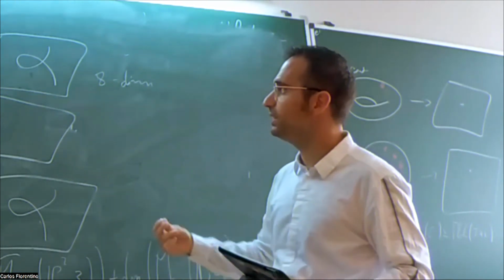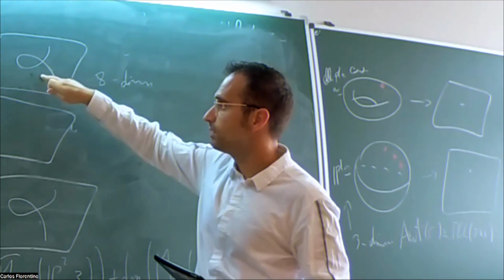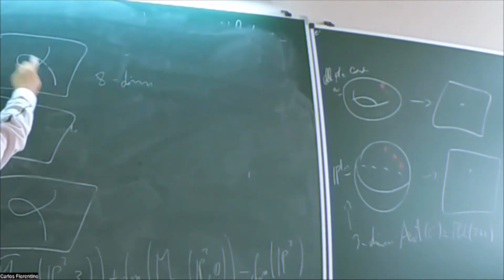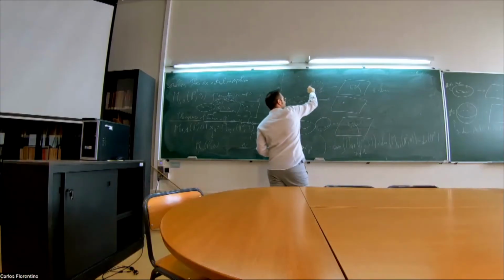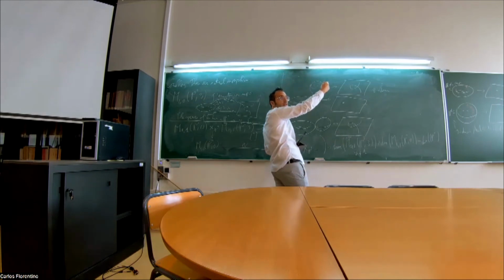So what does it mean? I have an 8-dimensional space. I consider for each curve a P1 mapping to that curve, but I have also a marked point, and whenever I choose a marked point, I increase the dimension by 1.